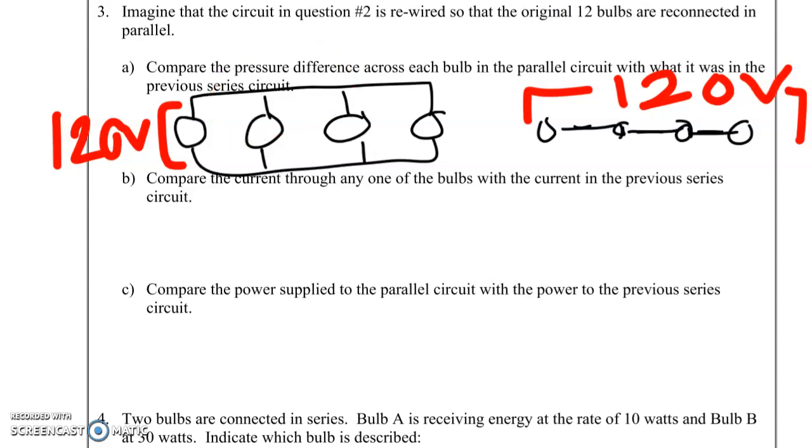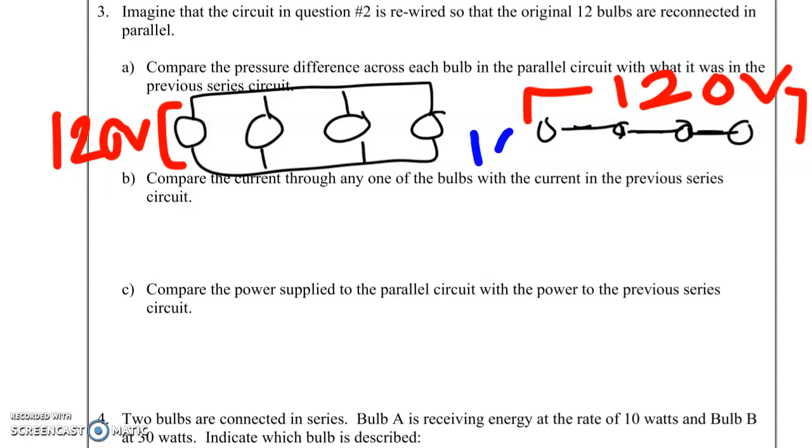So if they all had 1 volt across them, now they have 12 volts across them. And since their resistance hasn't changed, then the current through each bulb is going to be 12 times higher as well.